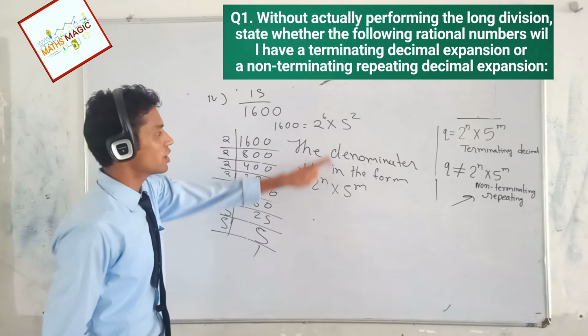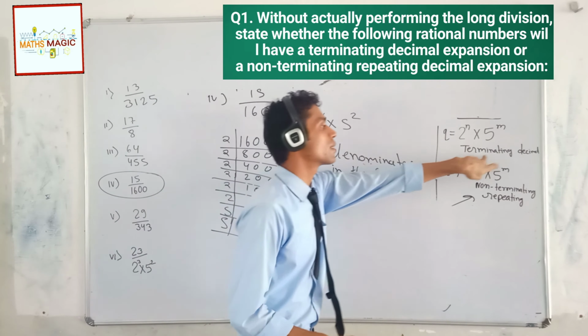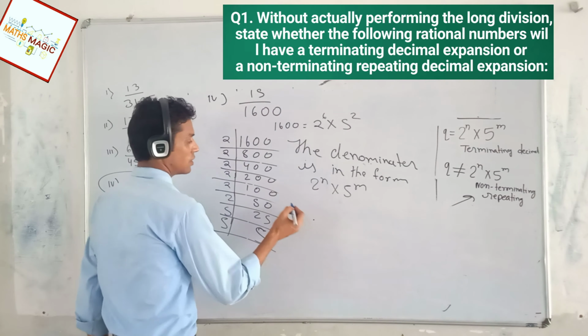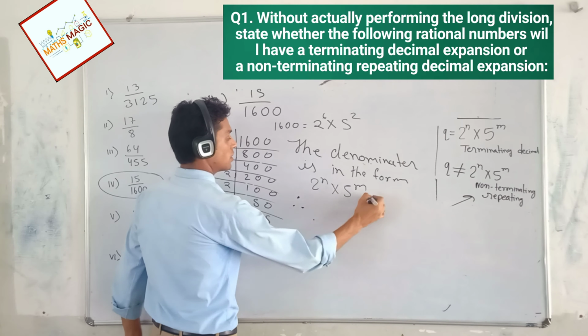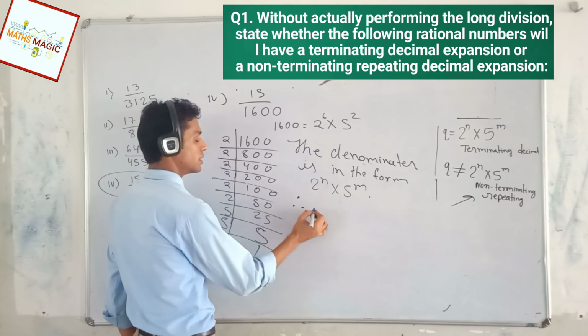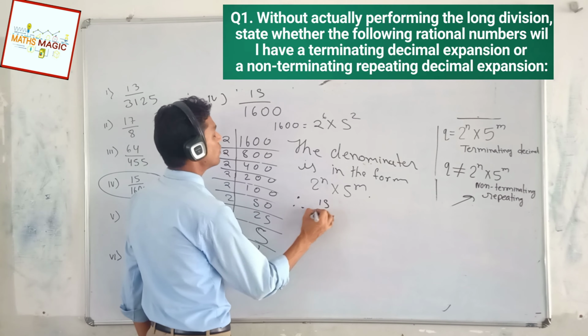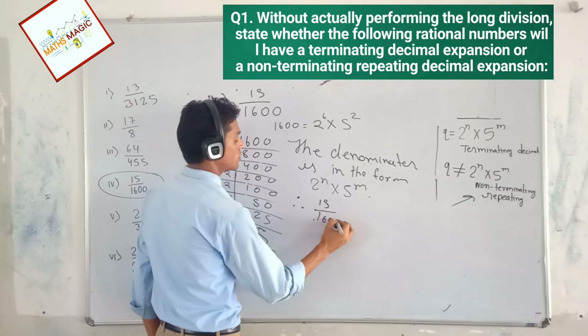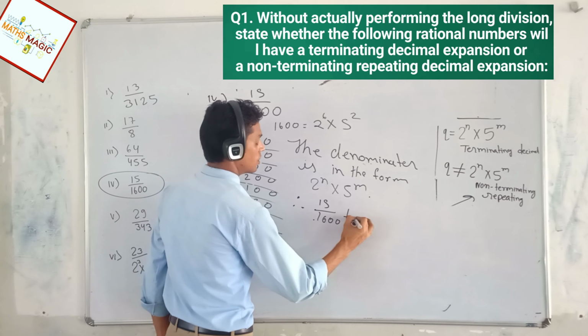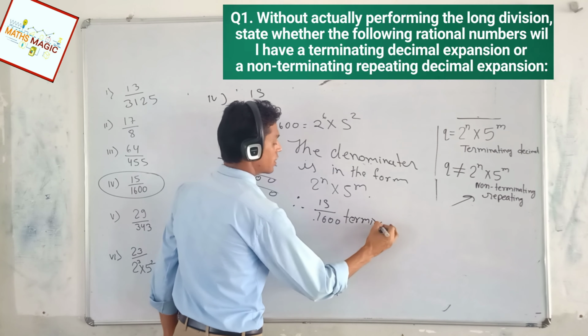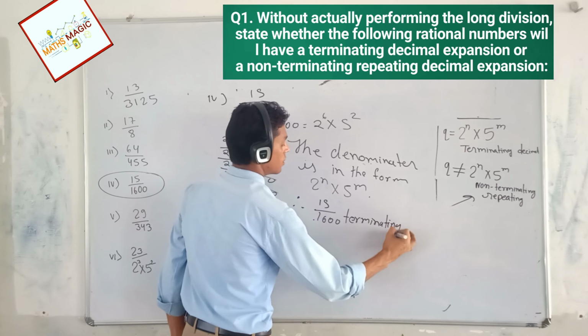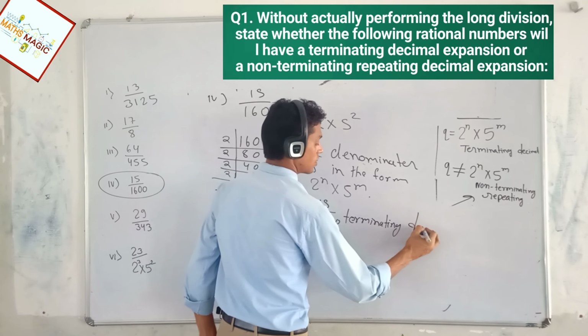See, it is only 2 and 5, so this is a terminating decimal. Therefore 15 by 1600 is a terminating decimal.